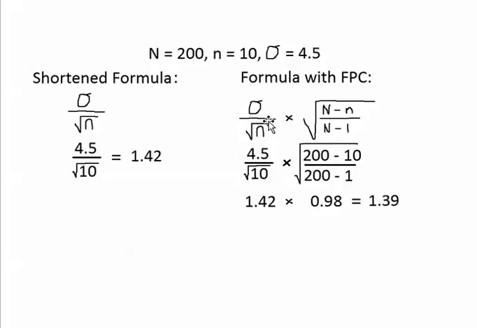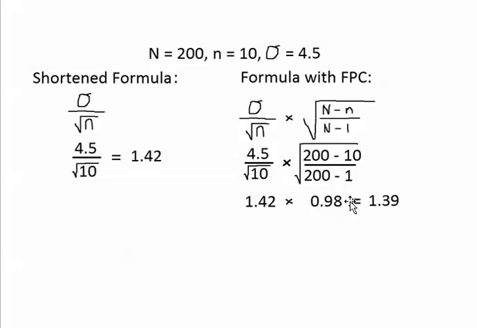If you use this formula that we've been using all along, with the FPC at the end, your answer comes out to 1.39. If you just use this shortened formula, in which you divide the population standard deviation by the square root of the sample size, little n, the answer comes out to 1.42.